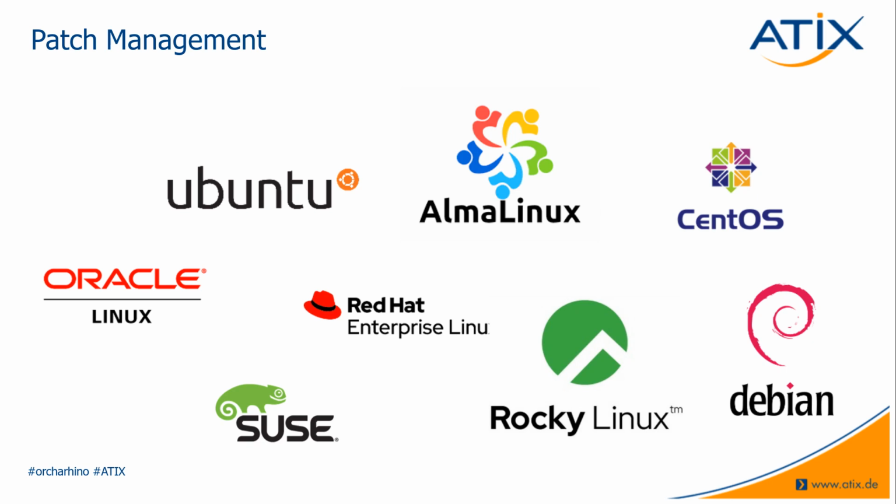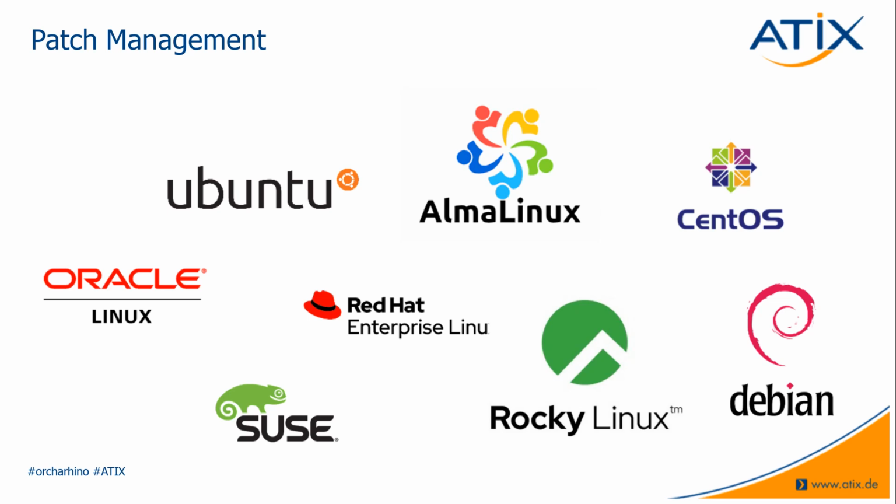Orcharhino supports all these major Linux distributions in the sense of software management and allows you to monitor the software available to your hosts and the patches which can be applied to your hosts and the software installed on your host.